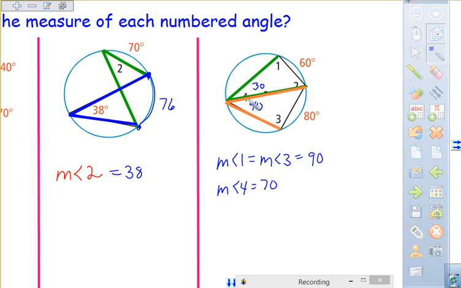And then because we have a quadrilateral, we knew that the measure of angle 4 plus the measure of angle 2 equals 180. That was our corollary. So then by substitution, 4 is 70. So what is the measure of angle 2? 110.